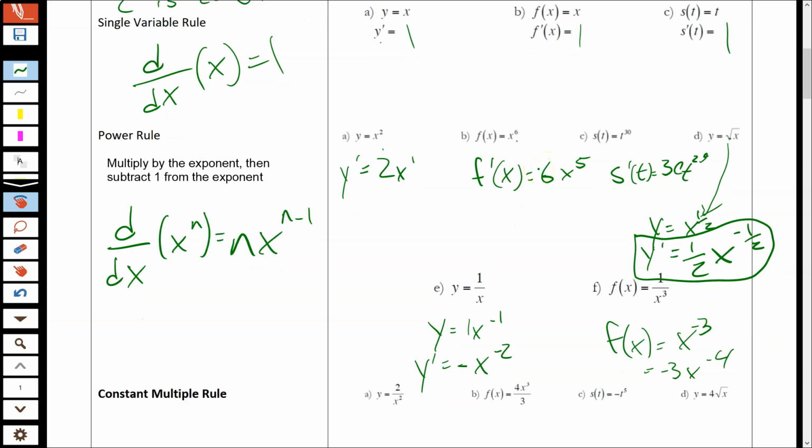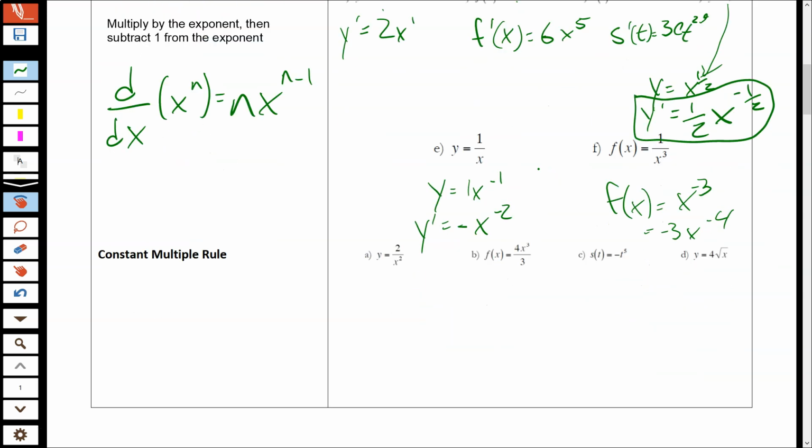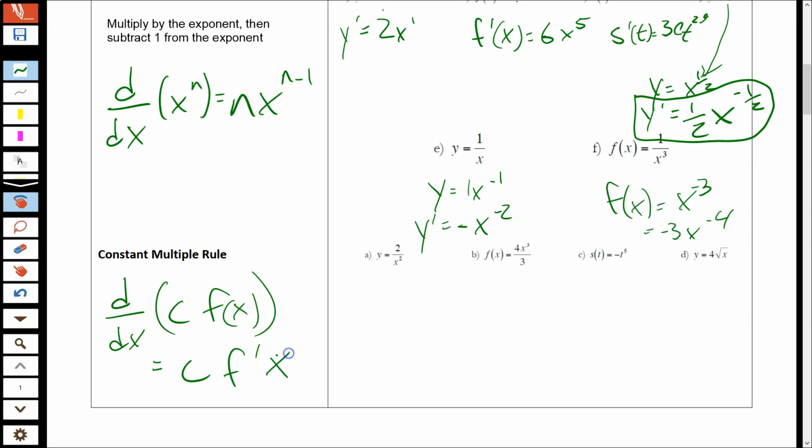And then the last complication we'll add before we move on is what's called the constant multiple rule. Okay? So that just means if I take the derivative of a function times a constant, that's the same as the constant times the derivative of the function.